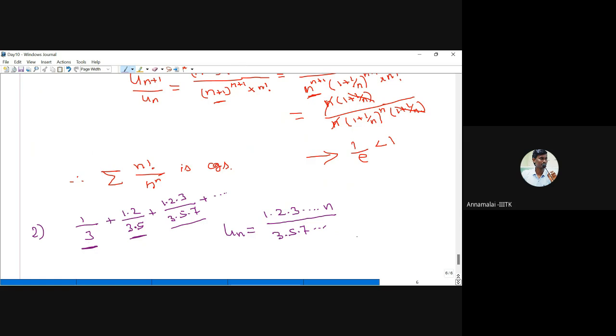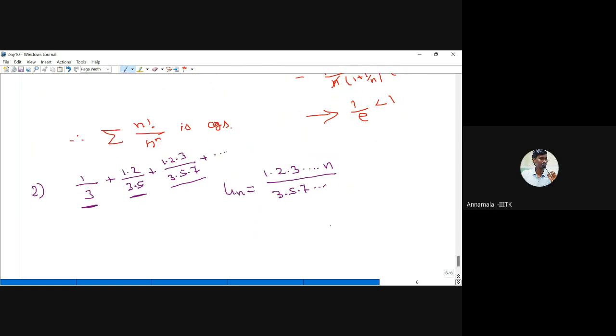So what is the nth odd number? The first odd number is 1, the second is 3, the third is 5, the fourth is 7, and so on. The nth odd number is 2n minus 1. From 1 to 2n, there are 2n elements.